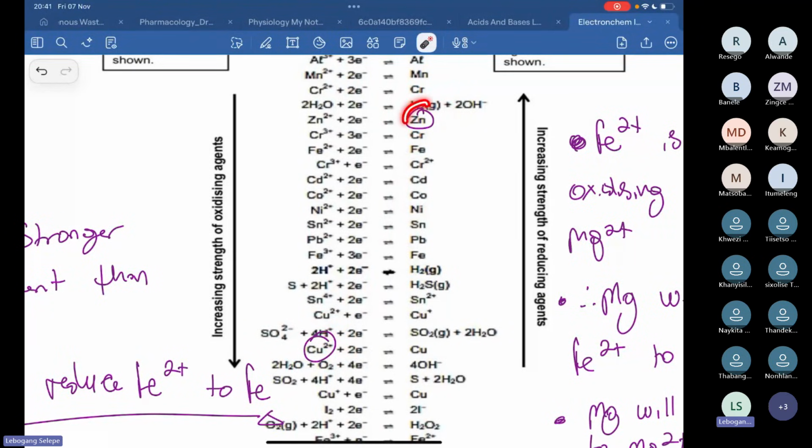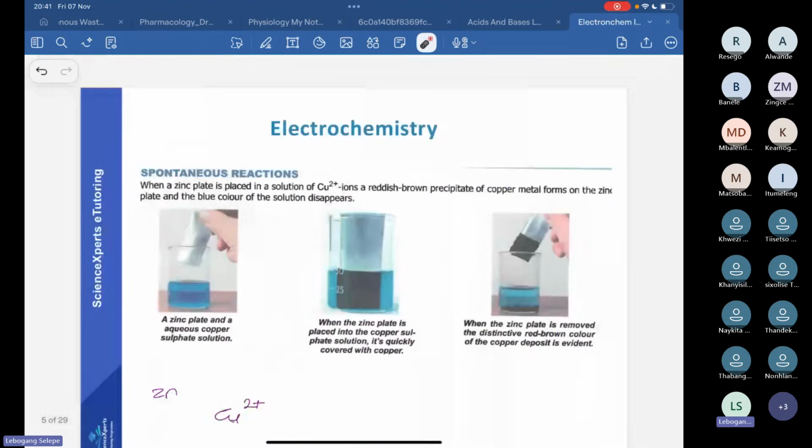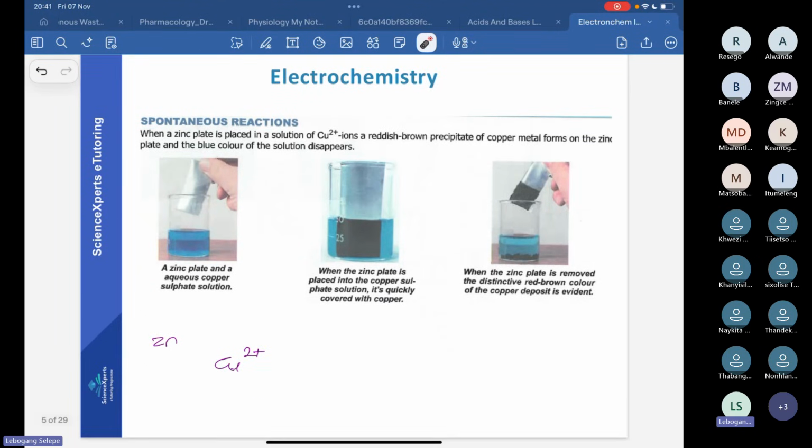Then when zinc gives its electrons to Cu2+, Cu2+ would become what? It would become Cu, then zinc would become Zn2+, right? So this is why, when we just place a zinc metal into this copper solution, it just reacts on its own, right?